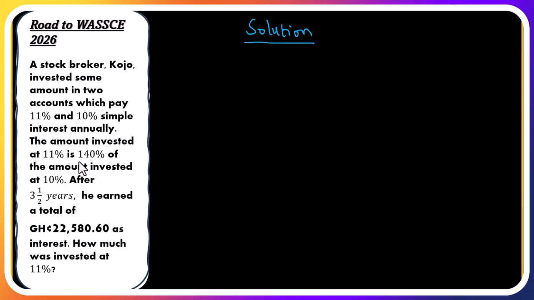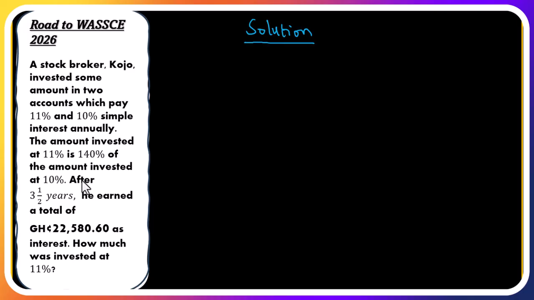Now, to find out the amount invested at 11%, which was 140%, we should know the amount invested at 10%. That was the principal. So the principal invested at 10%. Now, the amount invested is the principal. The amount invested at 10% is the unknown from the question.